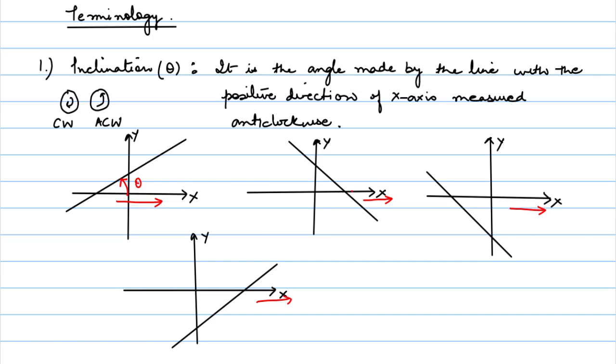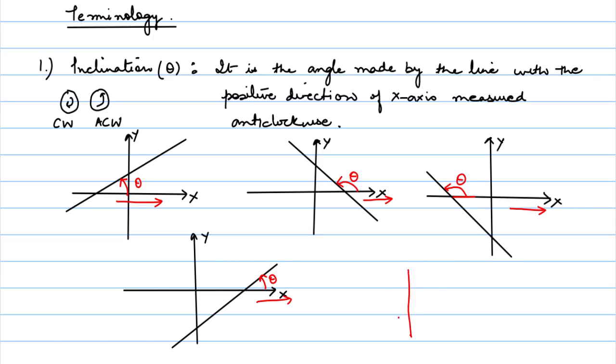Similarly here, positive direction and anti-clockwise, this would be theta. You could say that the angle could be this, but we will not consider this angle when we talk of inclination. Inclination will always be the angle which the line makes with the positive direction and anti-clockwise.